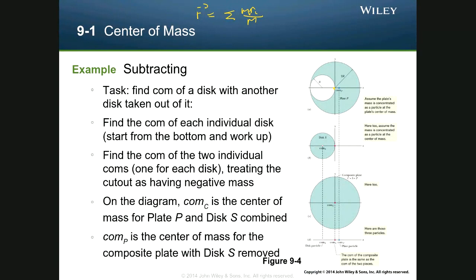So we can say r_COM is equal to 1 over M times the integral of r dm.